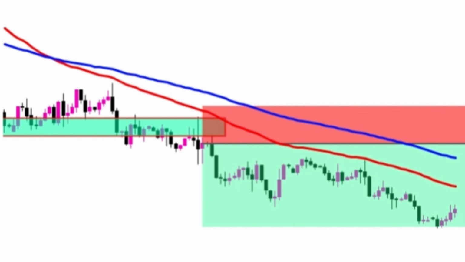The long-term investors often use this 200-period exponential moving average to find buy or sell opportunities in the market. The medium-term investors also use the 200-period EMA when the price goes below the 100-period exponential moving average in an uptrend and above the 100-period EMA in a downtrend.